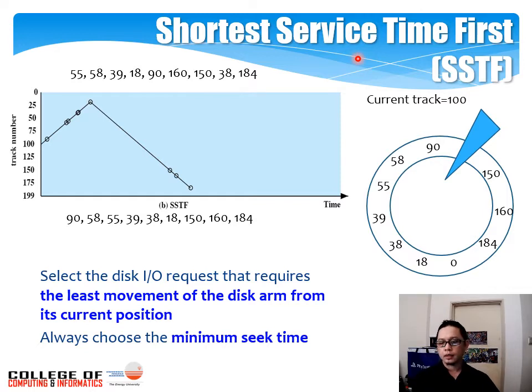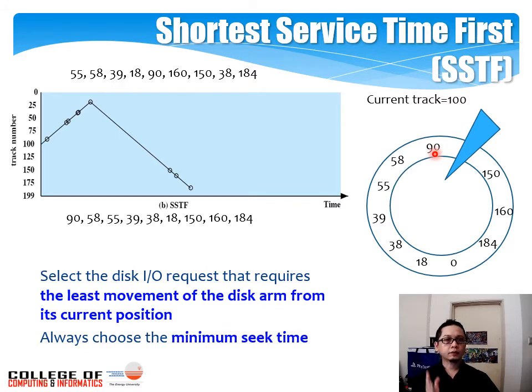The key here is to look for the track nearest to the current position. Just like before, the current track is track 100, so it's located here. These are the track requests from previously. We have track 90 and 150 around track 100. Which of these is the nearest to track number 100? Based on proximity, we will choose 90.